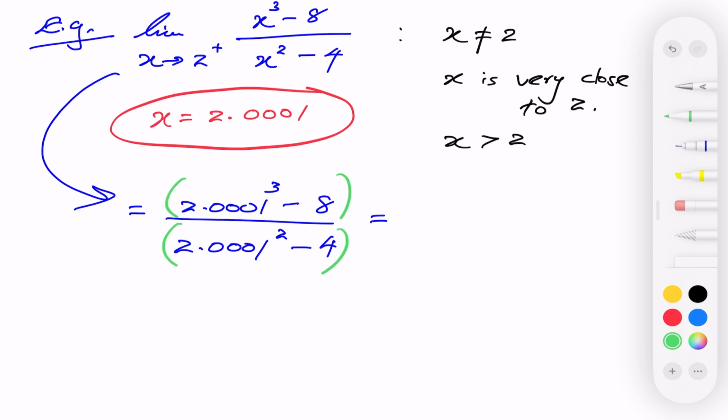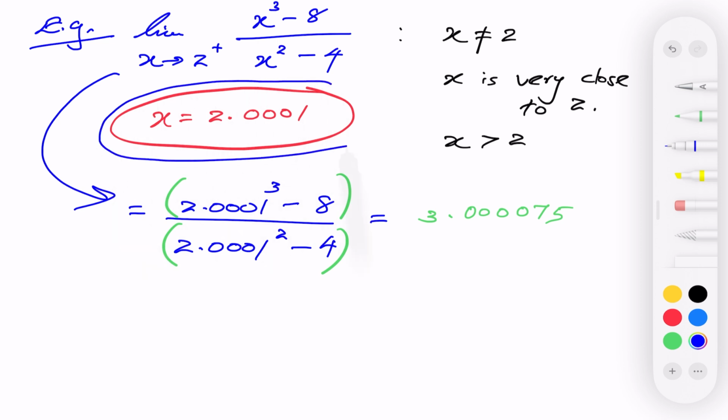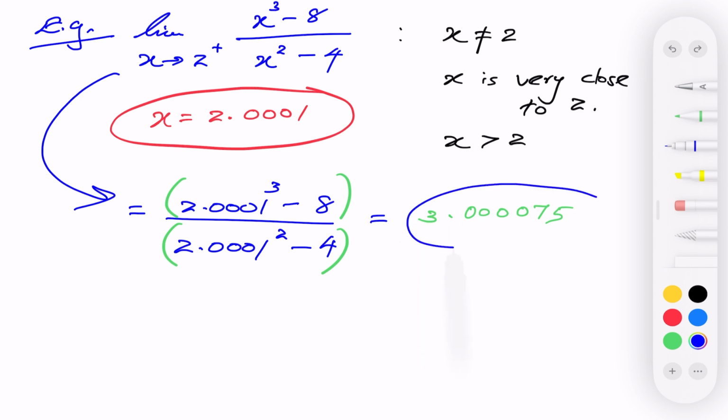Otherwise, you may end up getting an incorrect answer. All right, so if you do that simplification, we have 3.000075. Well, that indicates that if I selected something better than 2.0001, something like maybe x equals 2.00001, my answer right here should be even closer to 3. Therefore, we keep the final answer as equal to 3.